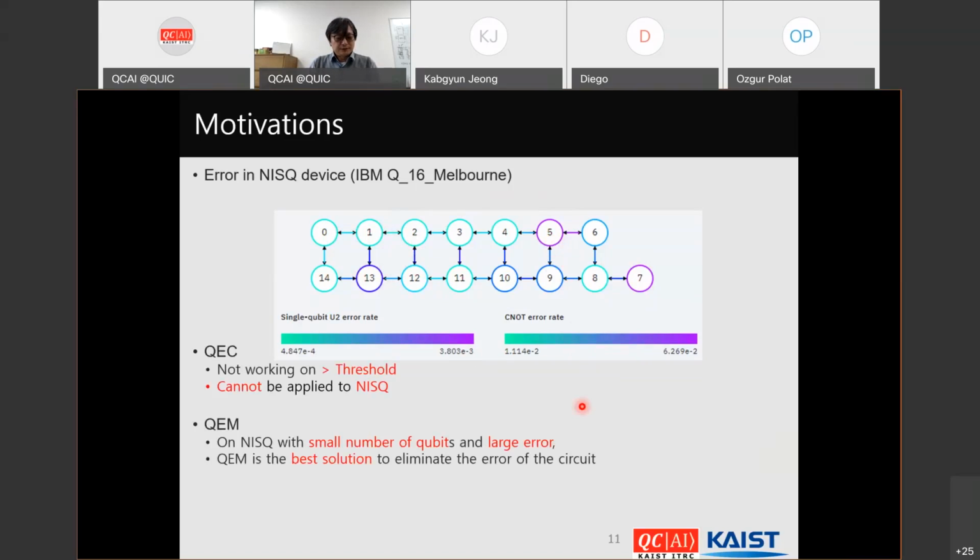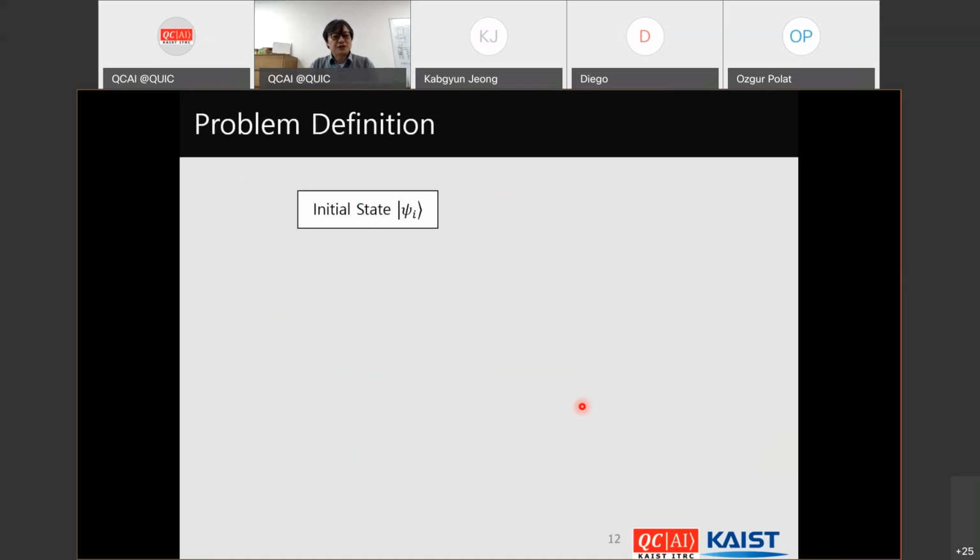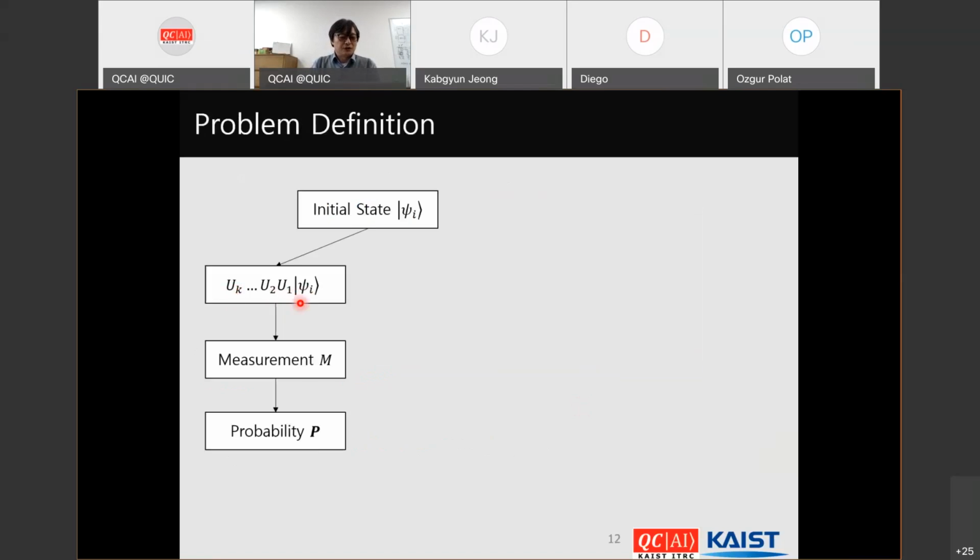Altogether, the question becomes whether we can train a classical machine with this kind of error problem, right? The initial state is given, for example, then the original calculation should be done like U1, U2, and UK. Then we do measurement, probabilities are measured, and we construct the answers.